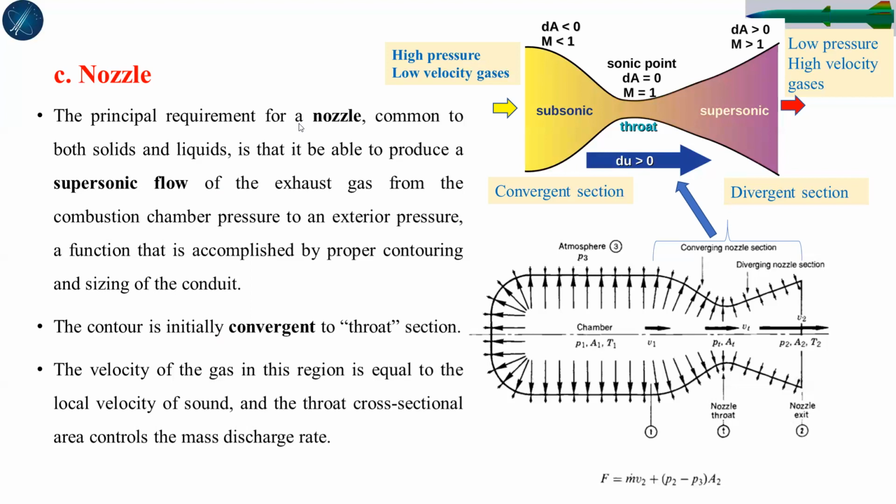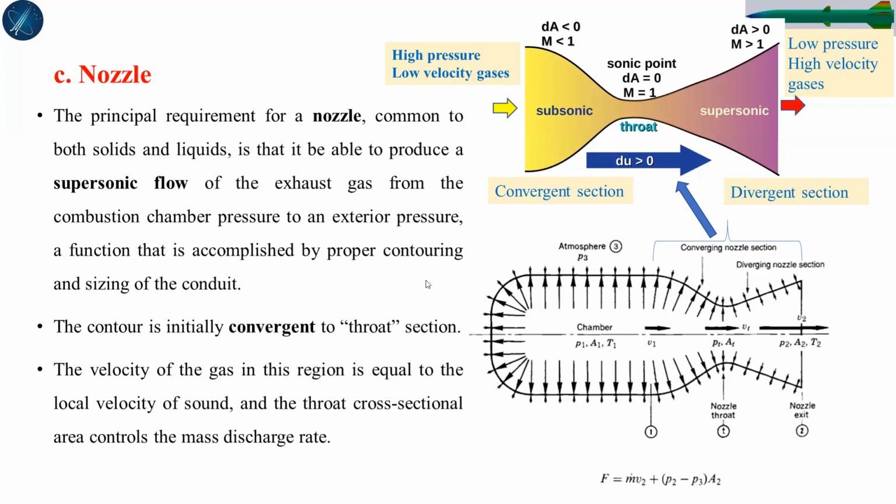It is a function that is accomplished by proper contouring, and proper contouring means providing proper shape to the nozzle and sizing the nozzle in a proper manner. What will be the size of the subsonic region? What is the size of the throat? What is the size of the exit area? Considering these things, we can achieve an optimal nozzle.